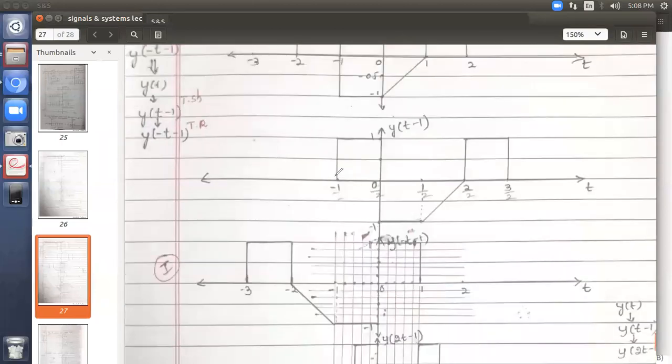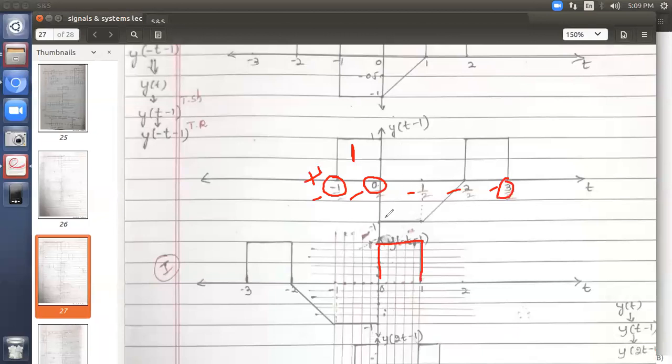The range of this shifted signal is between -1 and 3. So in order to get the reflected signal, put a negative sign for each of these times. If you put a negative sign here, it is between 0 and +1. So this pulse you draw between 0 and 1. See here, I have drawn the pulse between 0 and 1.